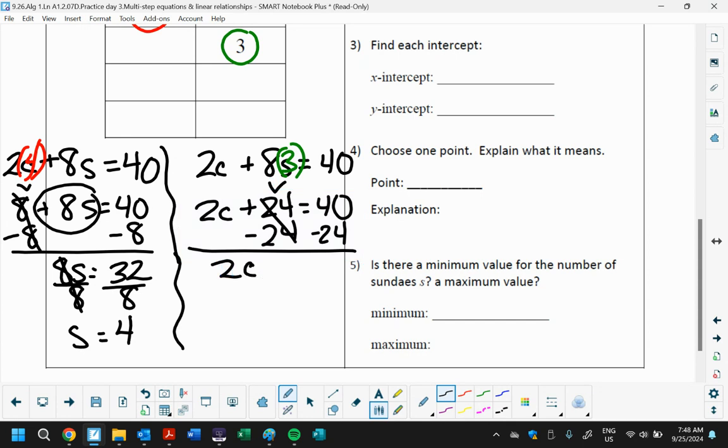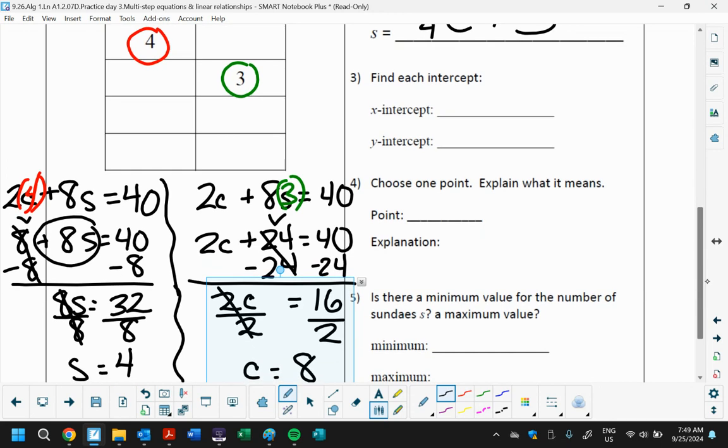Look how they're different. So in this case, when there are 4 cones purchased, there were 4 Sundays purchased. Weird that the 4 and 4 is the same. Meanwhile, when there are 3 Sundays purchased, that led to 8 cones being purchased.